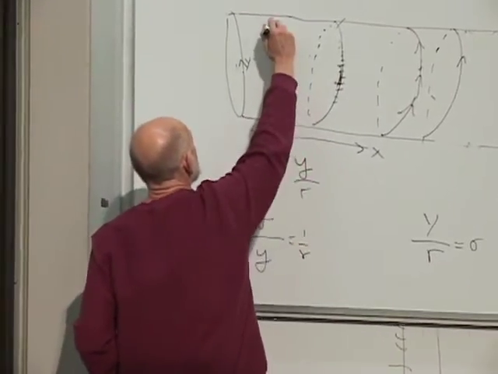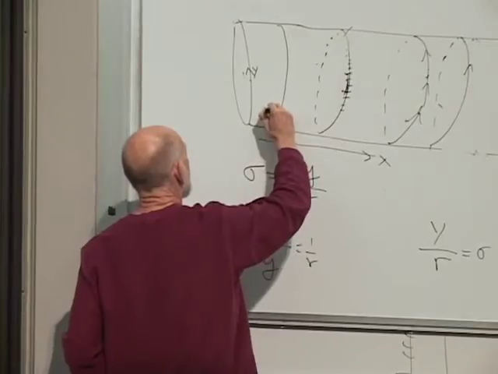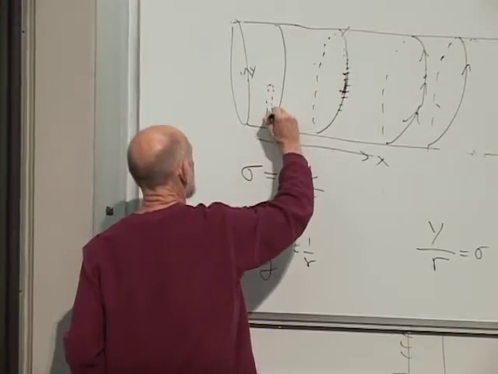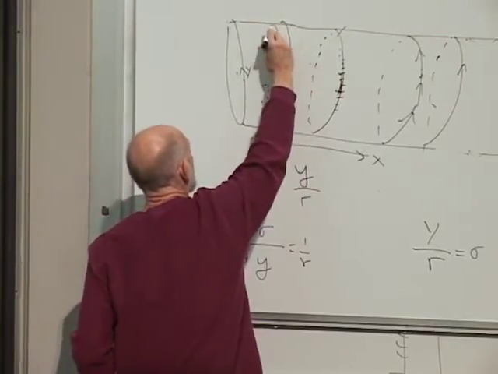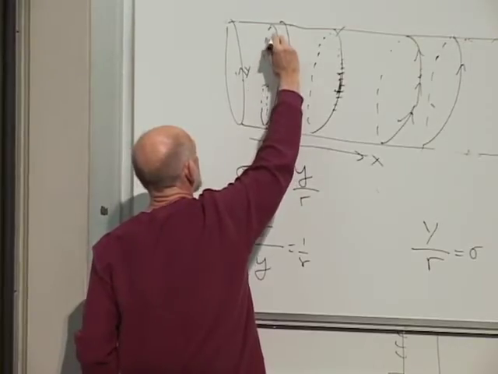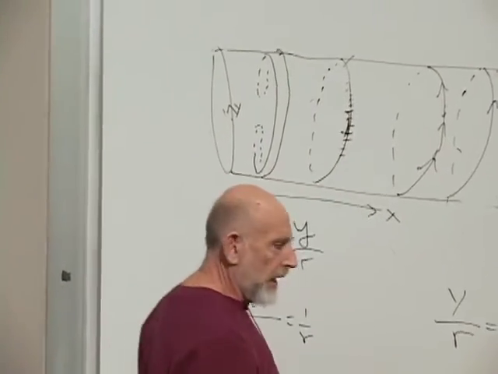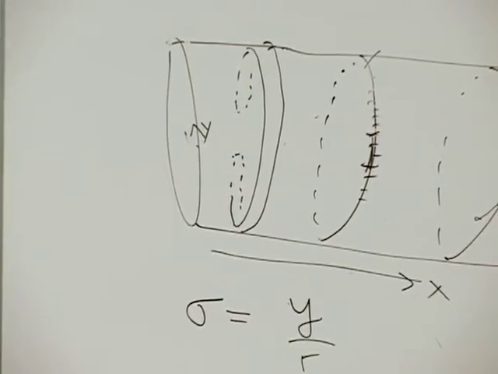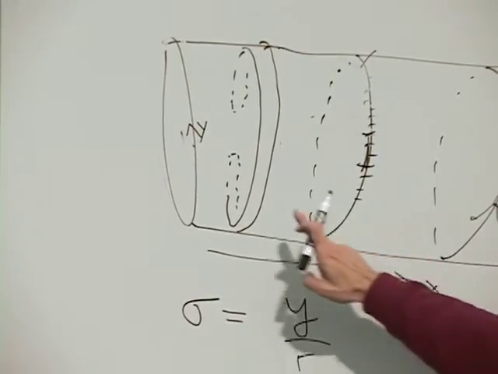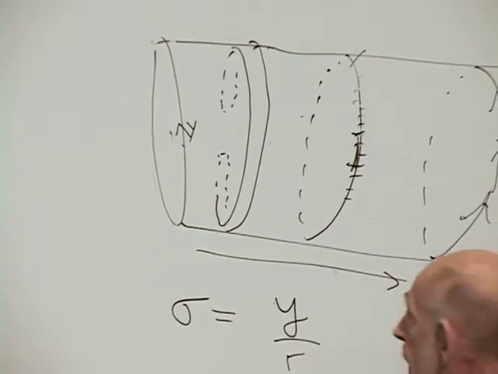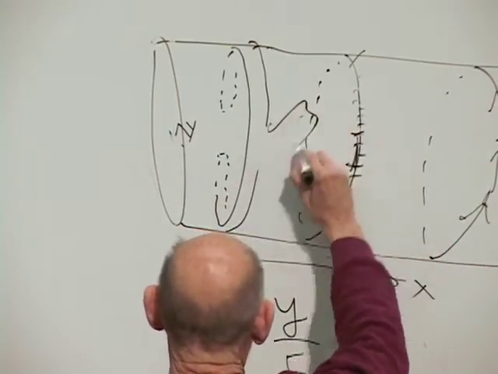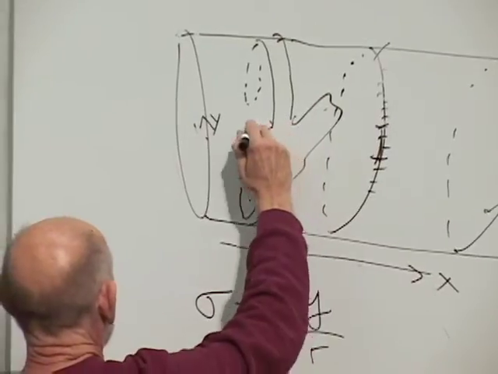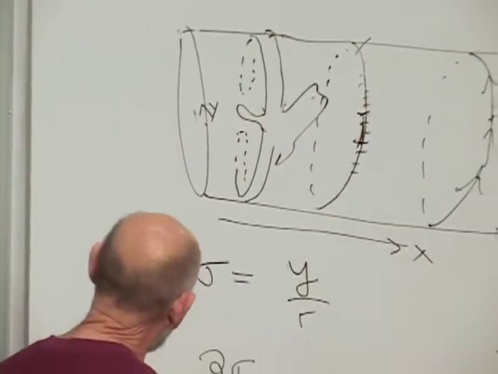In fact, it may stretch out to look like this. You blast it with a lot of energy. I've drawn a very neat configuration over here, of course. But if I blasted it with a lot of energy, it might be much more complicated than that, but still have this kind of configuration.